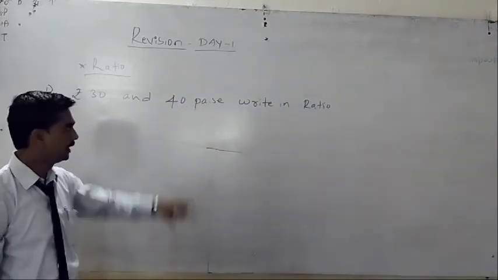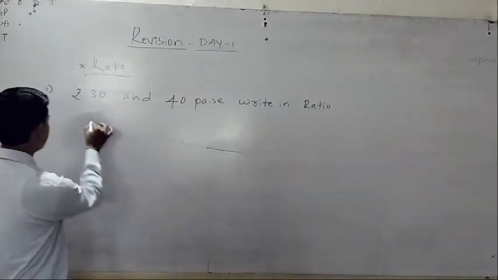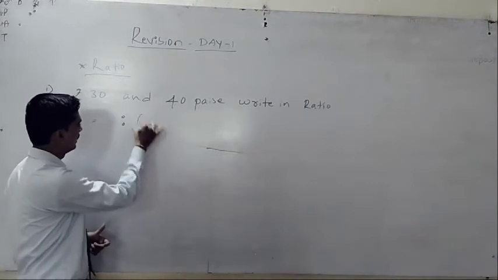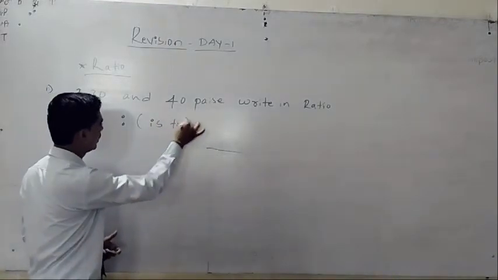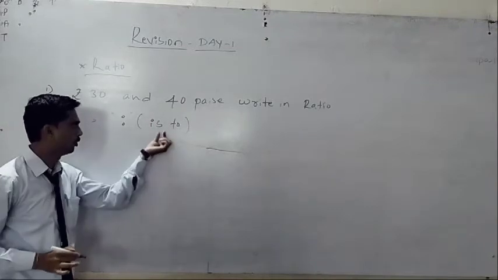You know that already. What is the symbol of ratio? The symbol of ratio is two dots, which is read as "is to". The symbol of ratio is "is to".